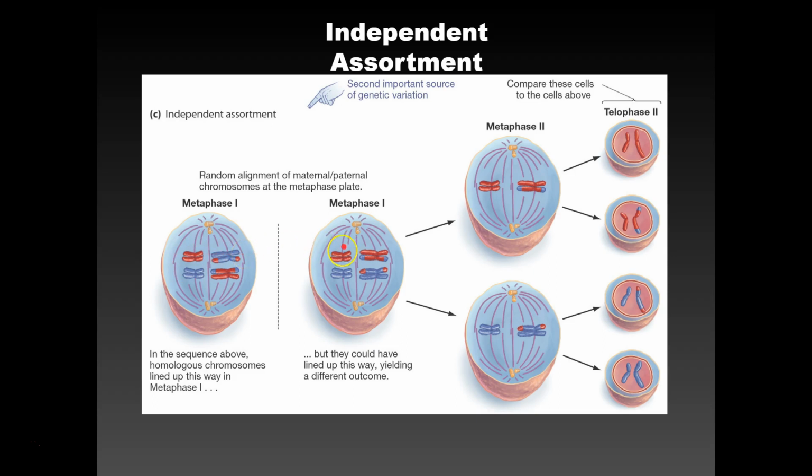Or they could have lined up like this with a red one here and a red one here. There's nothing preventing either of these chromosomes from being in either order. And so when they line up in these different ways, you wind up with different gametes at the end. You wind up with different combinations of red and blue. That process is called independent assortment. Independent assortment is happening here in metaphase 1.